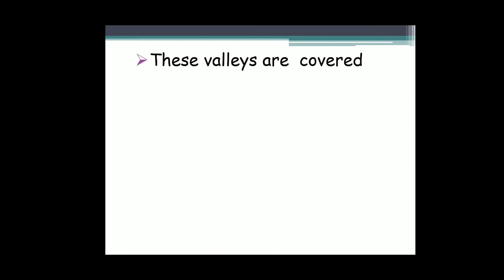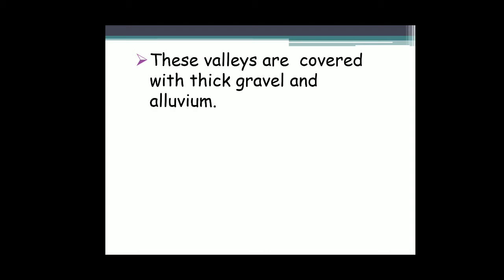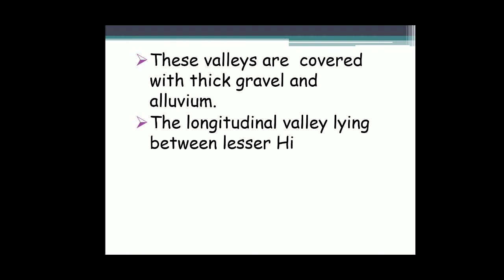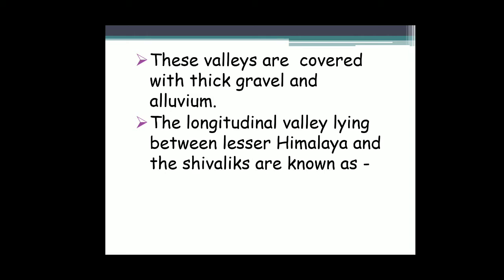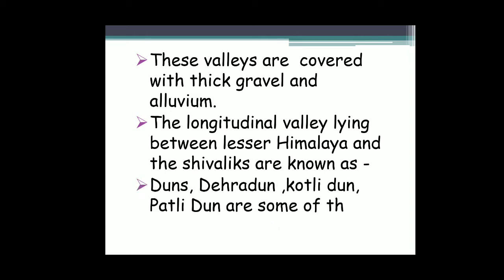These valleys are covered with thick gravel and alluvium. These are the features. The longitudinal valleys lying between the Lesser Himalaya and the Shivaliks are known as duns. Dehradun, Kotli Dun and Patli Dun are some of the well-known duns.